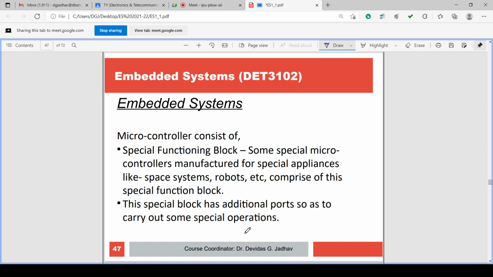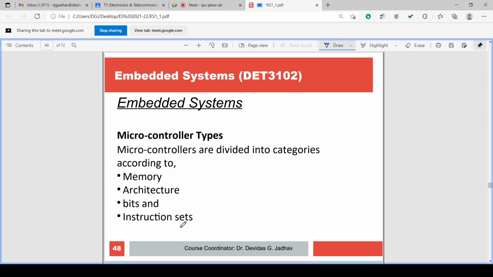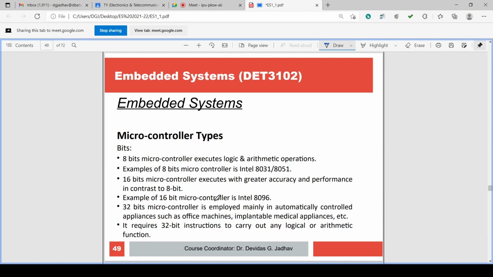The microcontroller also consists of special function blocks in some special microcontrollers manufactured for special appliances like space systems, robots, etc. The special block has additional ports so as to carry out some special operations. Microcontroller types are there based on memory, based on architecture, based on bits, based on instruction sets.